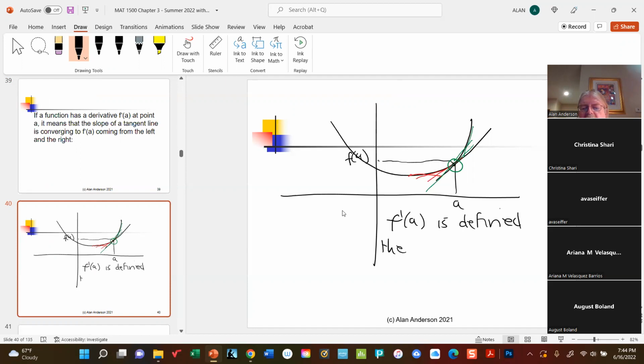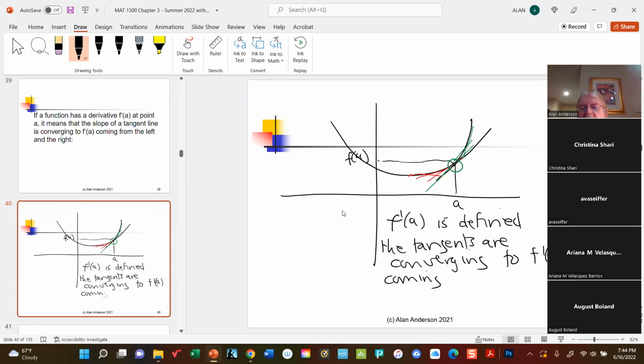The tangents are converging to f prime of A coming from the left and the right. They're both heading in the same direction.